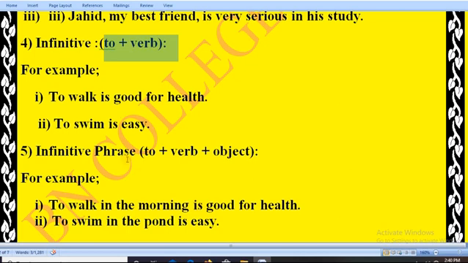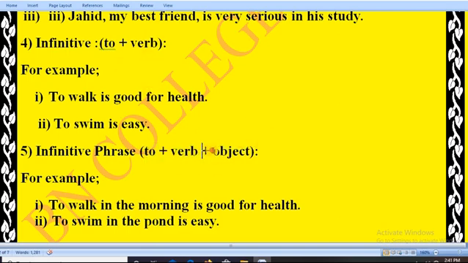Infinitive phrase. What is a phrase? Phrase means a group of words. That means to plus verb plus object plus other words. That is an infinitive phrase. When you write an infinitive, it means to plus verb.